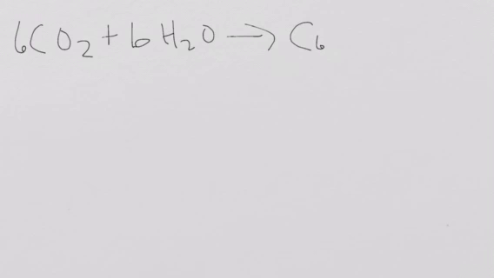The opposite of this is photosynthesis, because photosynthesis takes carbon dioxide, it takes water from the soil, and it uses sunlight energy to create sugar, C6H12O6, plus oxygen that it does not need.